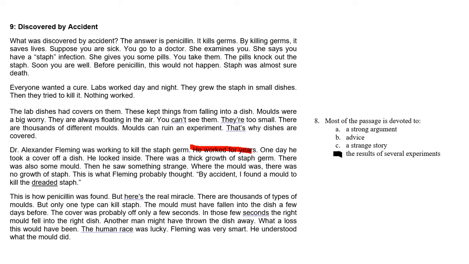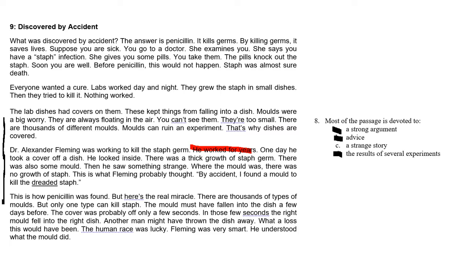Now, an argument is giving you reasons for something. This is not about reasons. This is a story about Alexander Fleming discovering something. So take away answer A. And there's no advice. When people give you advice, it's like should. You should eat less. You should stop smoking.